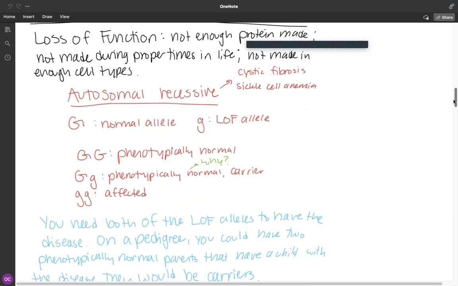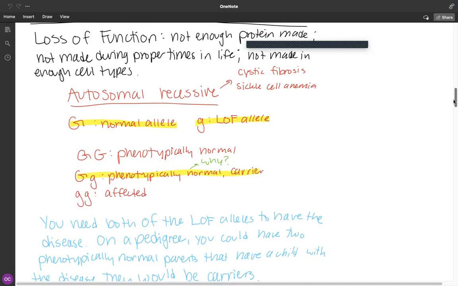And in this case, the capital letter is the normal allele. The lowercase letter is the loss of function allele. And remember, to be heterozygous, you are phenotypically normal. You can get by with one loss of function allele, but you are a carrier of that loss of function allele.